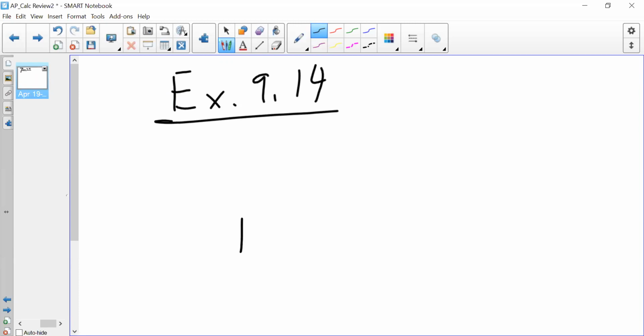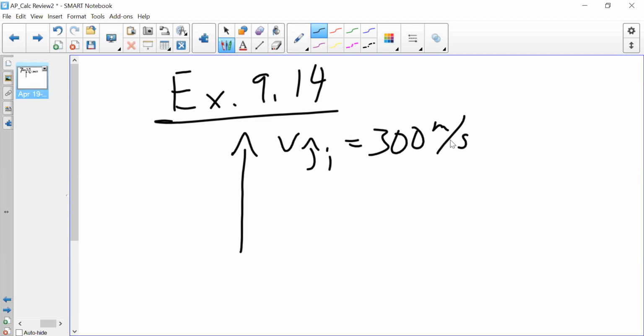Okay, so we have the rocket in the beginning phase. We can say J hat initial, or whatever nomenclature makes it easy for you. This is a velocity in the y direction, initially 300 meters per second.